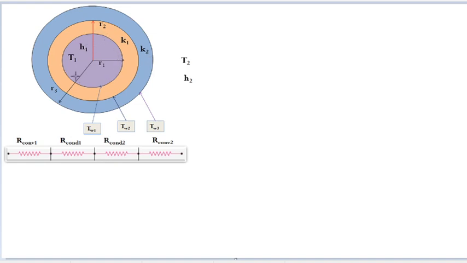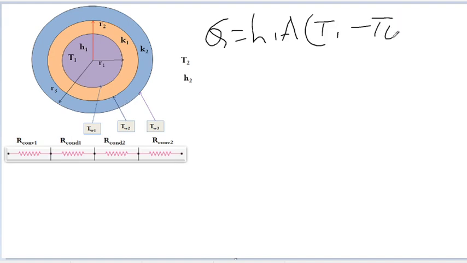Now first we write the equation for this case, because there are four resistances, so I write the first equation in terms of Q. Q equals h1 times A1 times the temperature difference, T1 minus the temperature at the surface, the same temperature at this point, Tw1. This is the case for the pipe.